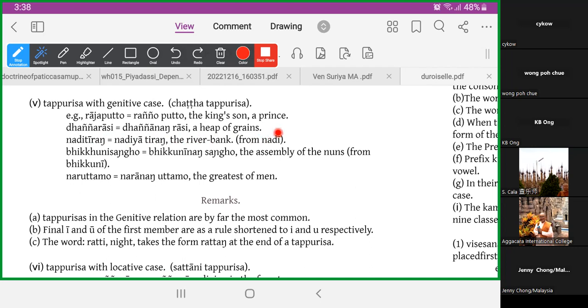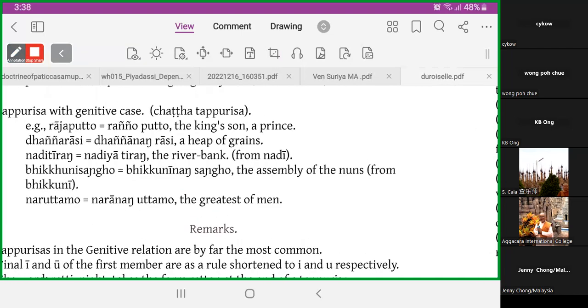Nadi Tiram, the river bank, from Nadi. Bhikkhuni Sango, Bhikkhunim Sango, the assembly of nuns, from Bhikkhuni. Naruttamo, Naranam Uttamo, the greatest of men. Okay, so we see this example.